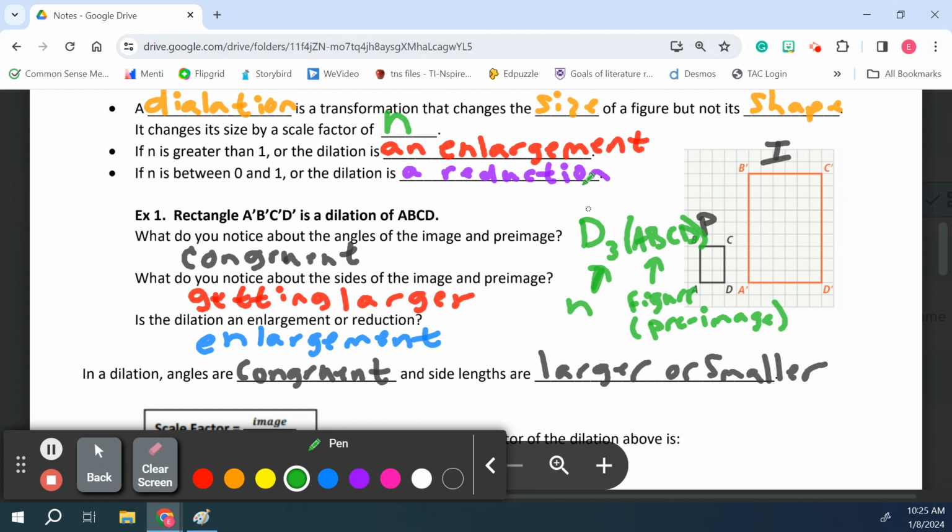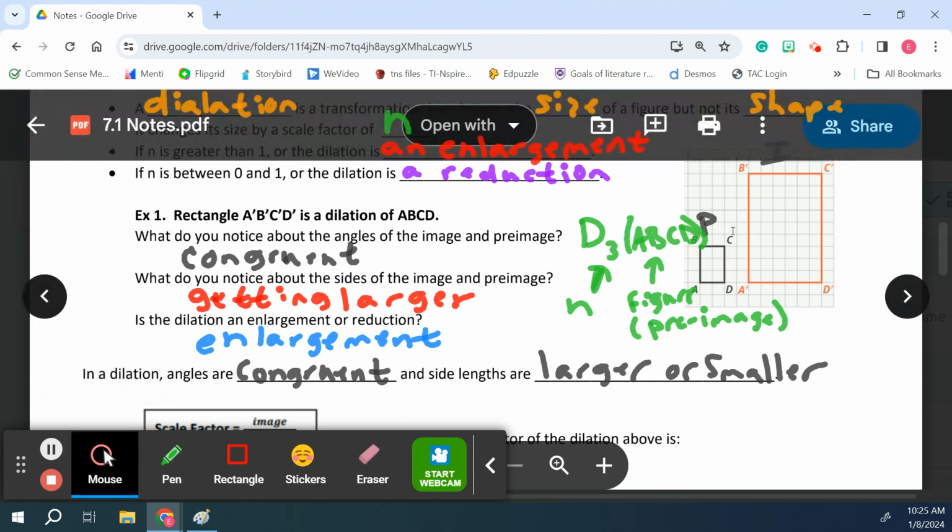So in this case, we're going from 1, 2 to 1, 2, 3, 4, 5, 6. That means we took this size of 2 multiplied by 3 to give us that enlargement of 6. Same thing with CD. We had 1, 2, 3, and if you count here, you should have 9 spaces. So this was enlarged by a scale factor of 3.